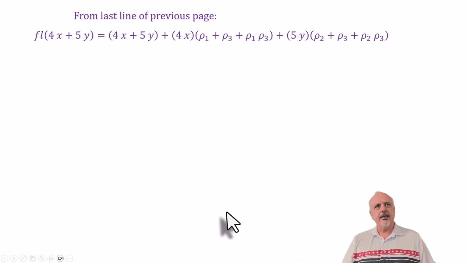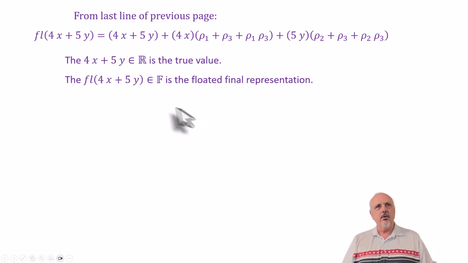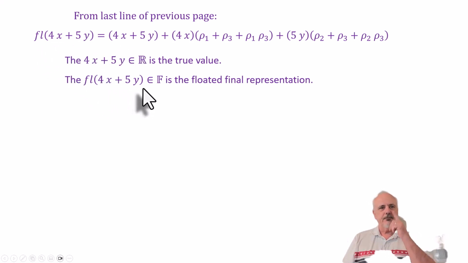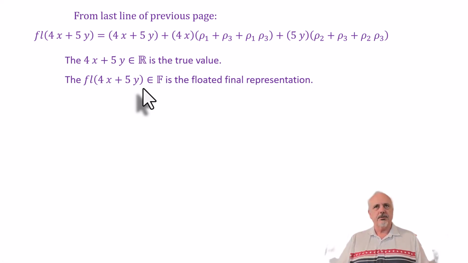Okay? So let's take that last line of the previous page and write it this way. I know that the 4x plus 5y, this is my true value. And I know that this is the result of the floating point value, and it's going to be a float, so it's the final representation of it. I know that.